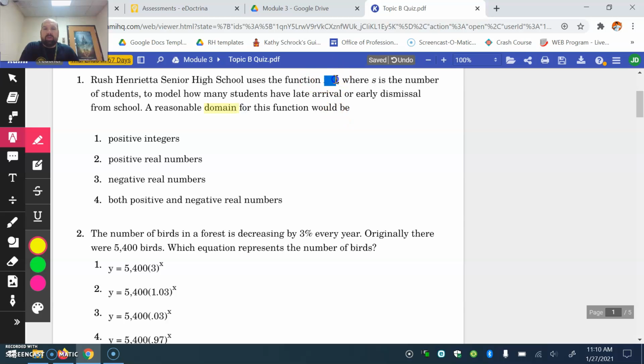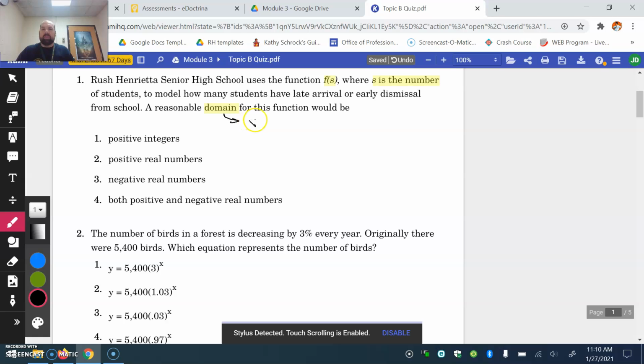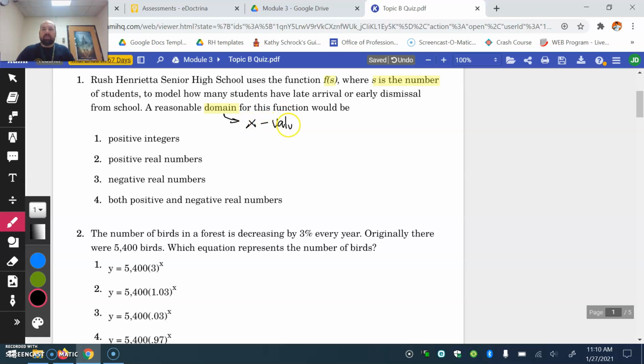All right, so I want to point something out here. They're using f of s, and s is the number of students. Essentially, they're using s instead of x. The reason I bring that up is because the domain, remember, stands for the x values. Number of students values.